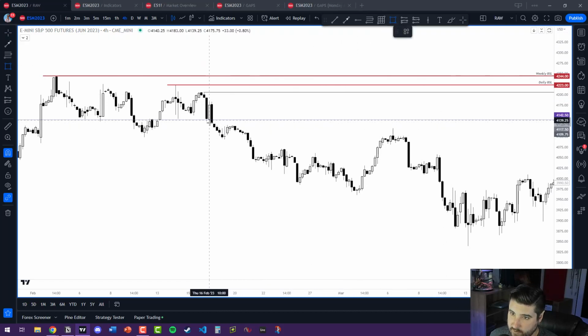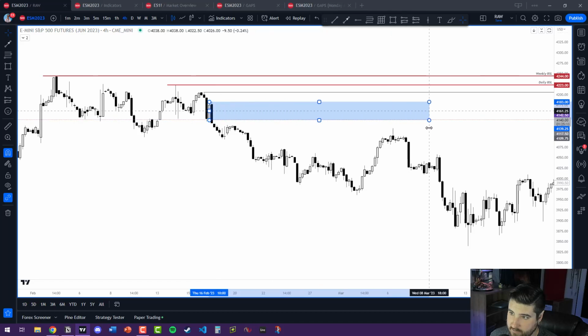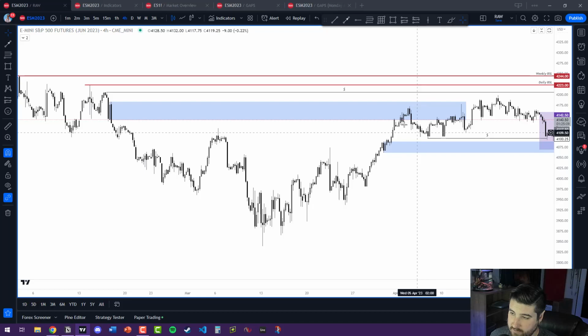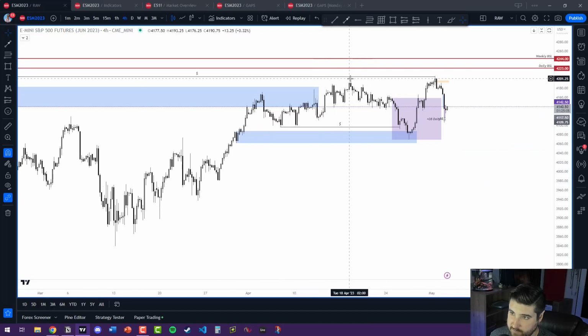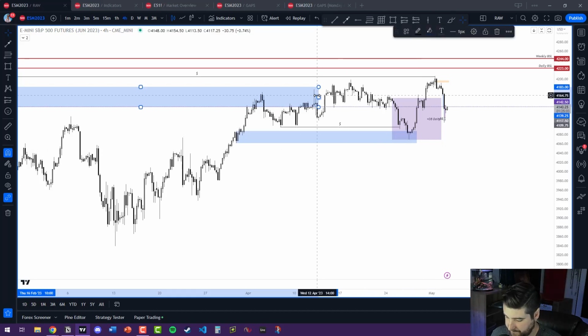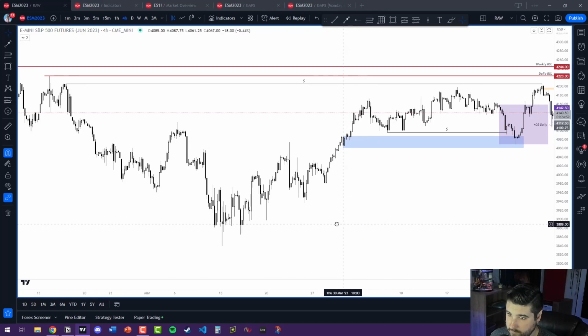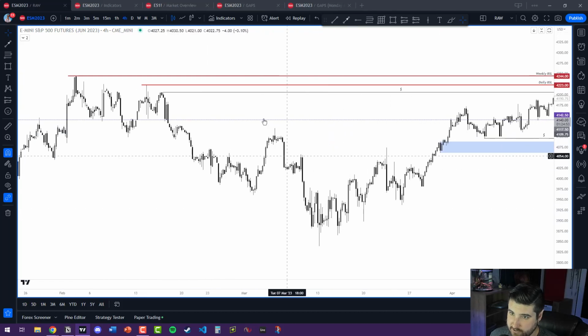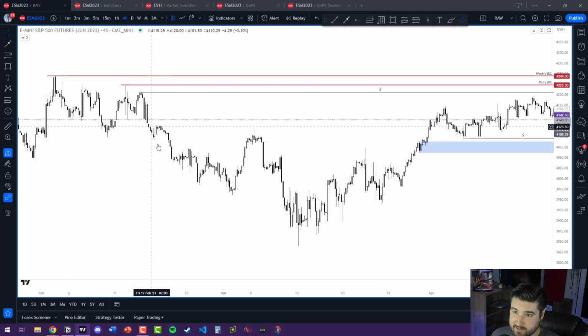Well, what do you see here? Never got reached. Kind of supported here. So we broke through, came back in. And plus we had, like I said, we broke through this, so we shifted to bullish, so that we wouldn't even be looking at that anymore. We're back to looking at these zones.